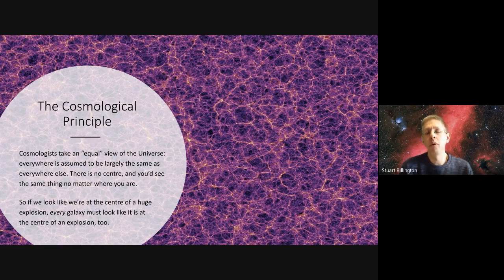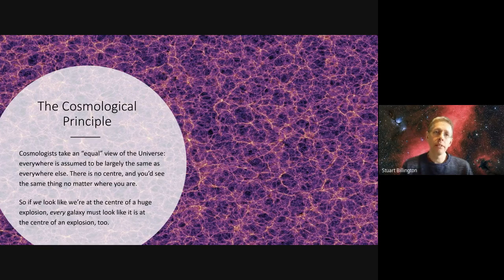It removes the Earth from the center of the creation story. And if we genuinely believe that our sun is an average sun in an average galaxy, and we're just a lump of rock orbiting this average star, then we have to accept that the cosmological principle is a good starting place for cosmology. Everywhere is pretty much the same.